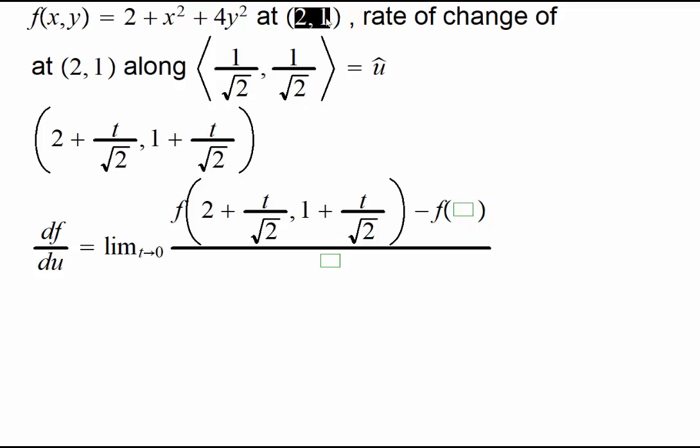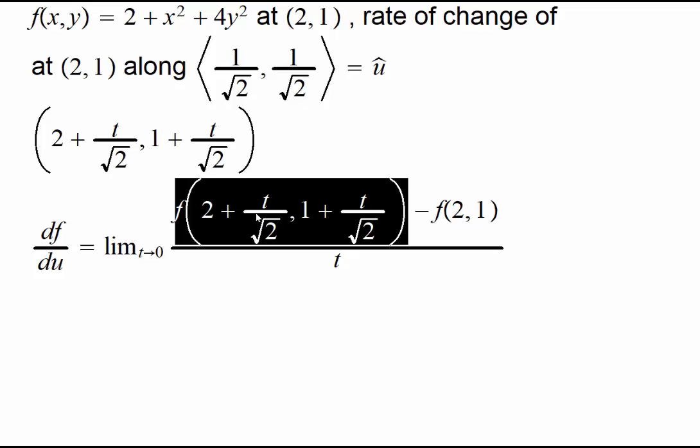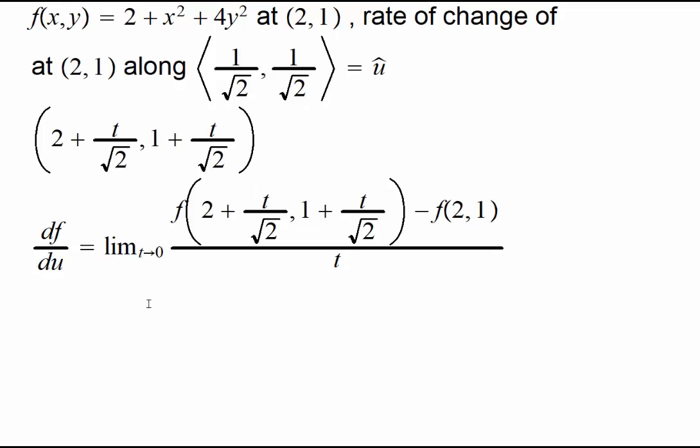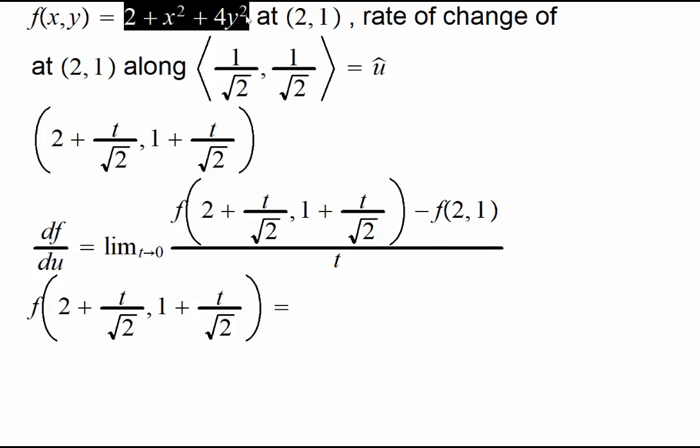All right, so let's just quickly see what this limit will be. If you look at this, I'm just going to substitute in all the values, and that substitution wouldn't take that long.